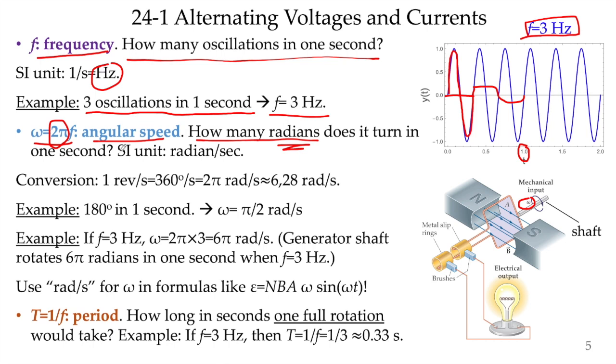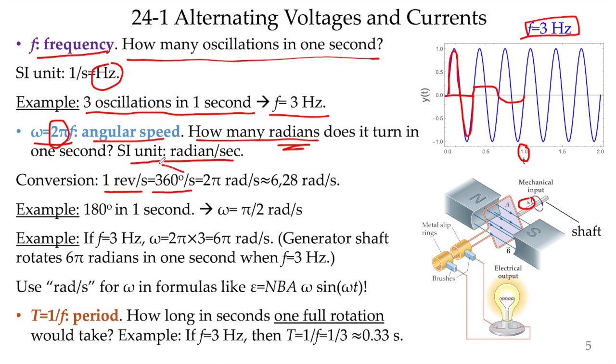Okay, before going to the examples, by the way, this is in SI units, it's radians per second. Now the conversion is like 1 revolution per second. So when you do 1 revolution, it means 360 degrees per second.